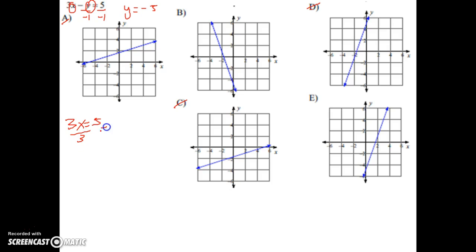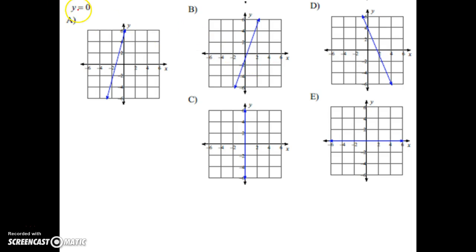When I divide by 3, I get some positive value, x equals 5/3. You might not know exactly what 5/3 is, but you know it's positive. This particular one hits at a negative number. This particular one hits a positive number. So it's going to be E. 5/3 is really the same thing as 1 2/3, so almost 2. You can see this is almost 2.